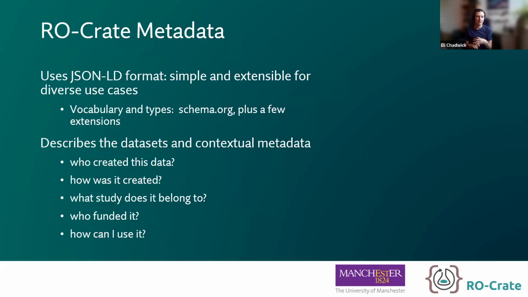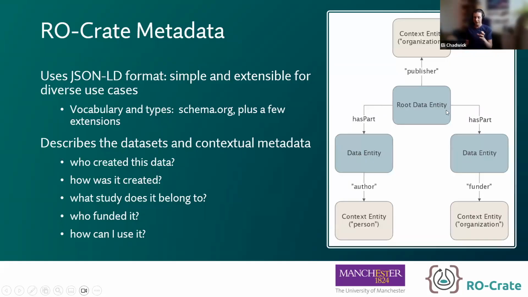So who created this data? How was it created? What studies or projects is it associated with? Who funded it? And also, how can I use this data? And we do that by building this sort of graph of relationships between different entities. So an entity might be a piece of data, or it might be a representation of a person.